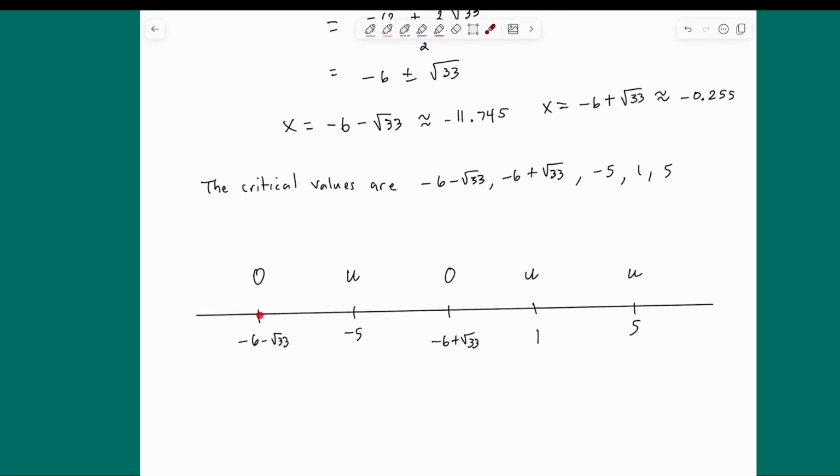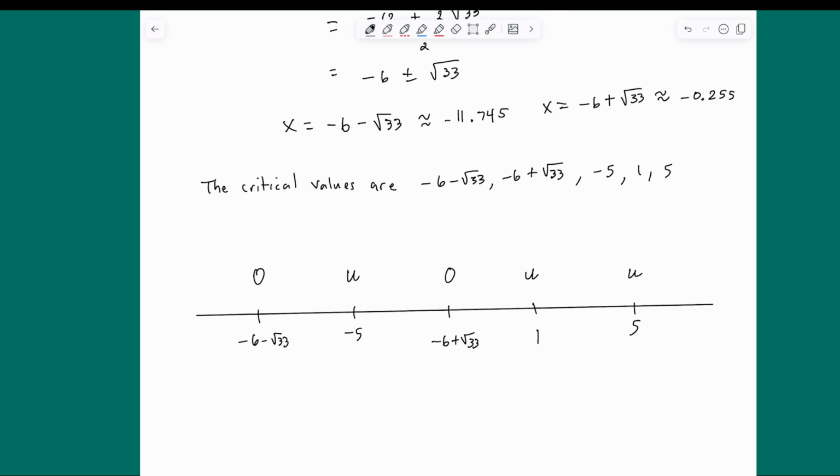The next interval is between negative 6 minus root 33 and negative 5, and then between negative 5 and negative 6 plus root 33, and then between negative 6 plus root 33 to 1, and then between 1 and 5, and then between 5 and infinity.